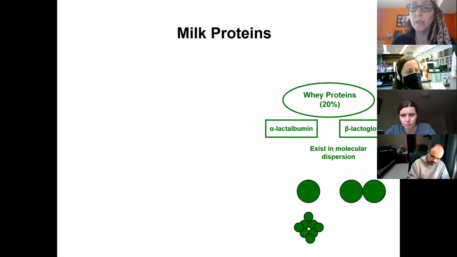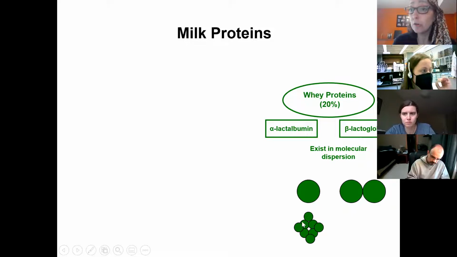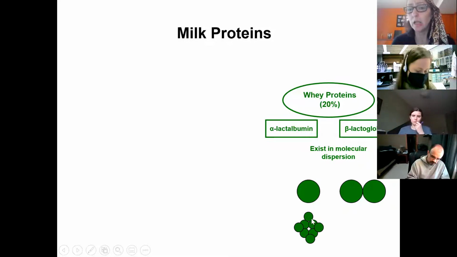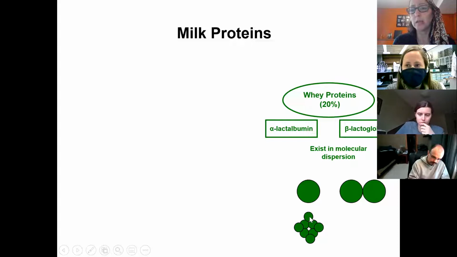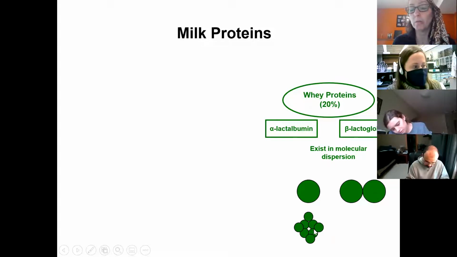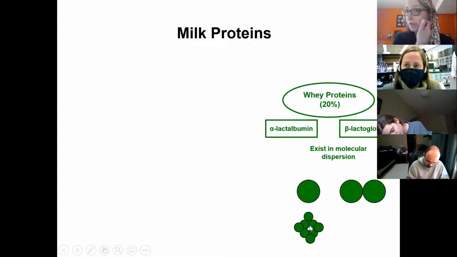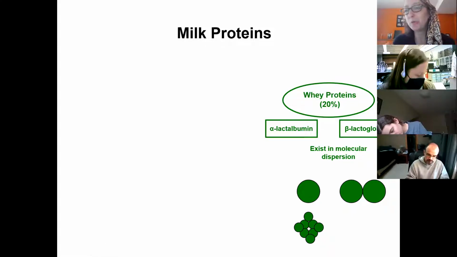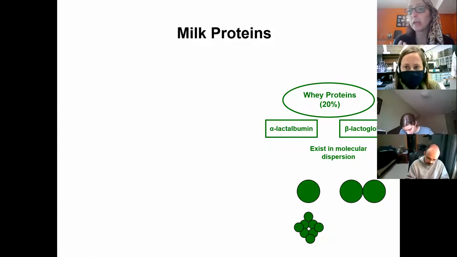And at pH around the isoelectric point of whey, they form a soluble aggregate that is an octamer. So it's made up of 8 beta-lactoglobulin proteins. They're still soluble, but the water looks more cloudy than clear at around the isoelectric point.